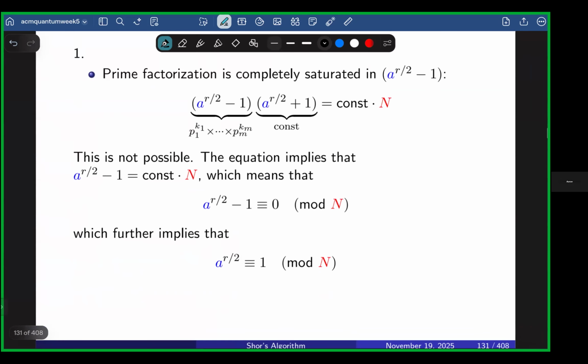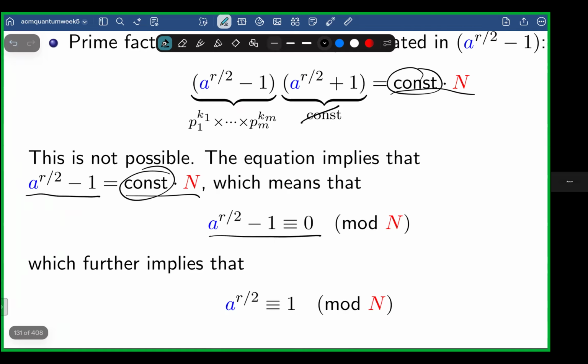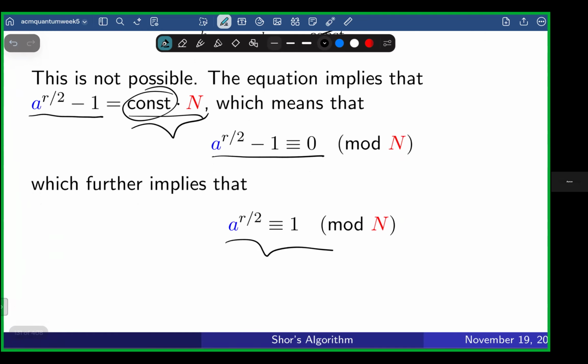So we say that this is not possible because if we just ignore this constant, which has no primes, it would imply that the factor where all the primes are is some other constant times n. But that would mean that by the definition we used before, a to the r over 2 minus 1 is equivalent to 0 mod n because it's equal to some constant times n. And then if we add 1 on both sides, we get this equation.